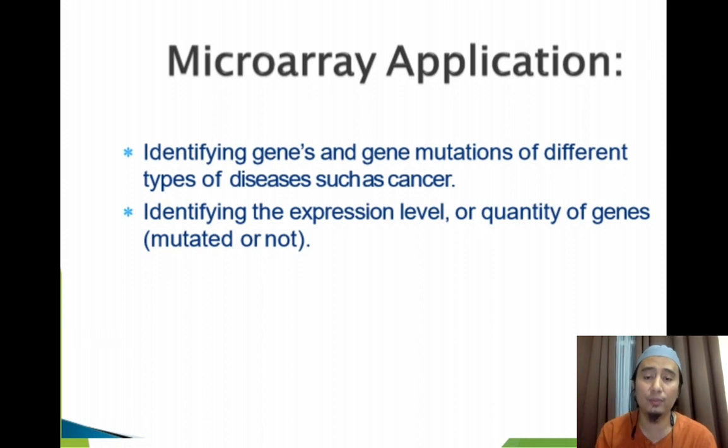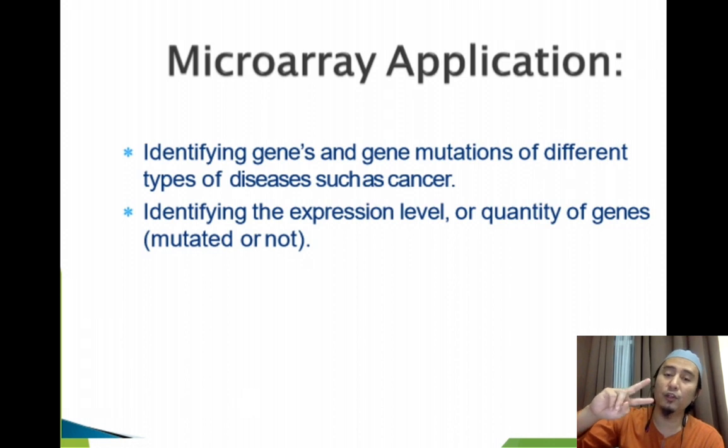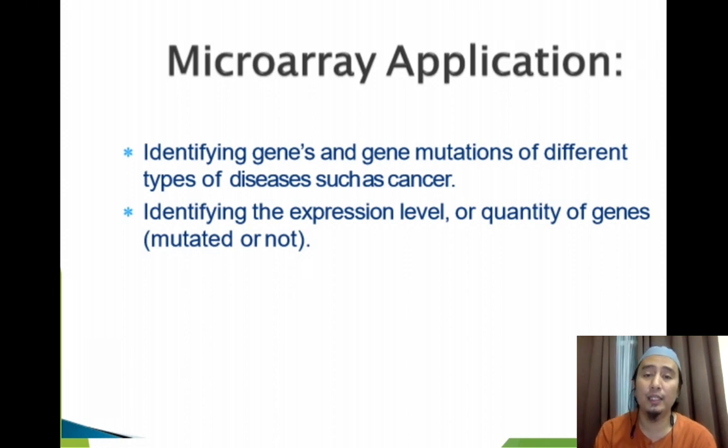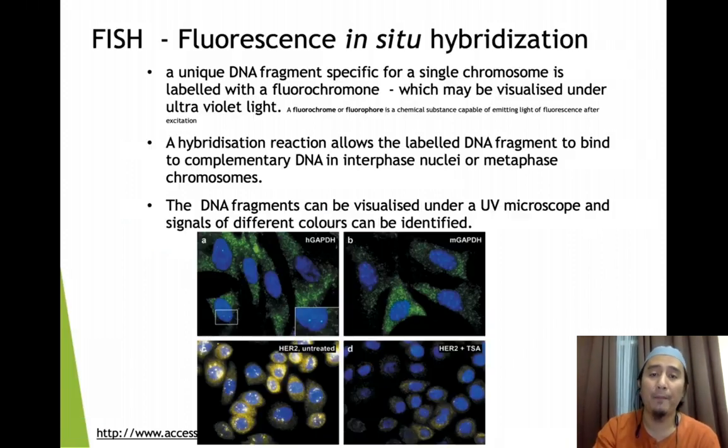If there is a mutation in the gene, for example due to UV radiation or an alkylating agent that can cause the nucleotide sequence to mismatch, it can be identified using DNA microarray.